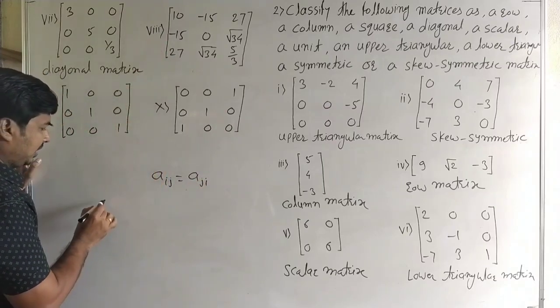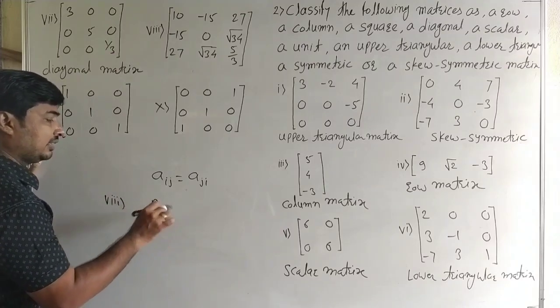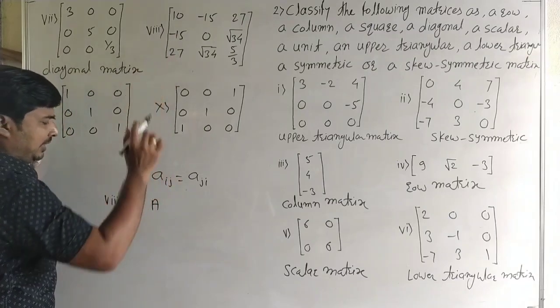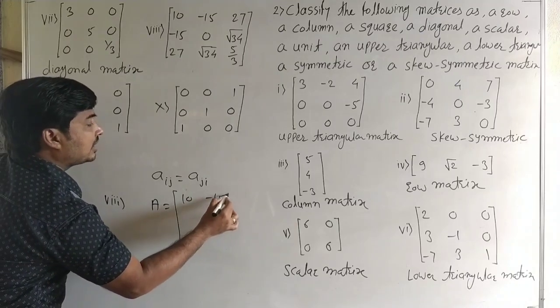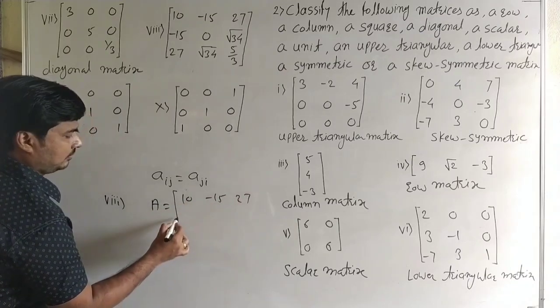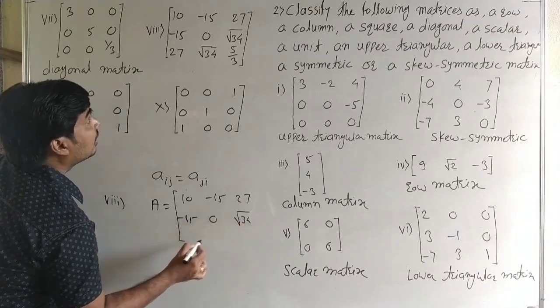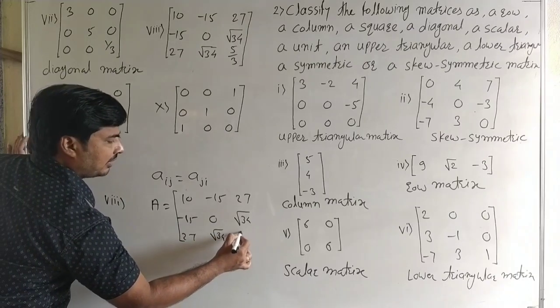In example number 8, there is a matrix A, then we can find the transpose of this matrix. Let this matrix be A. What is the matrix? 10, minus 15, 27, minus 15, 0, under root 35, 27, under root 34 and 5 by 3.